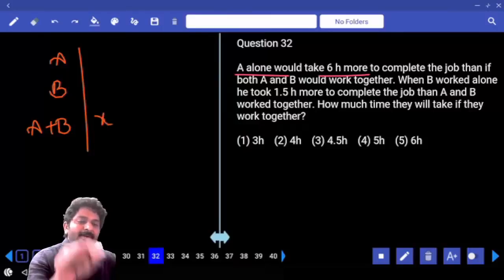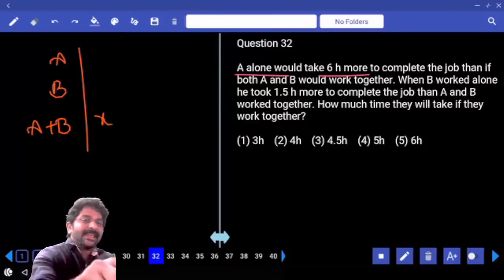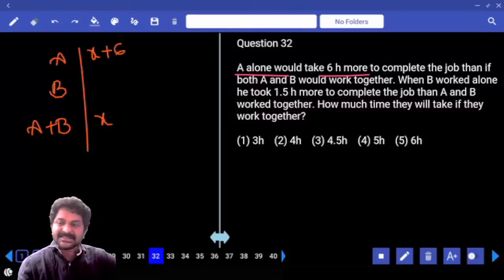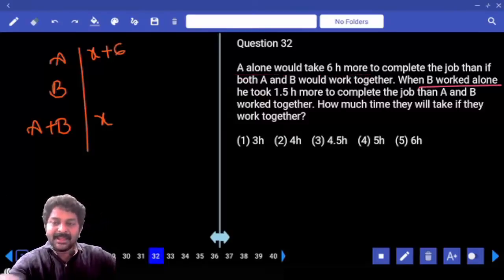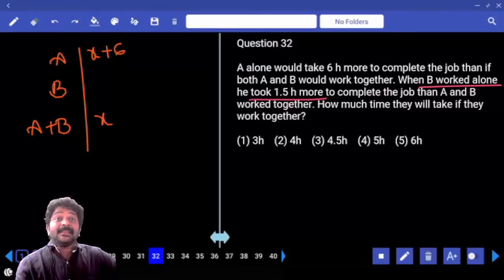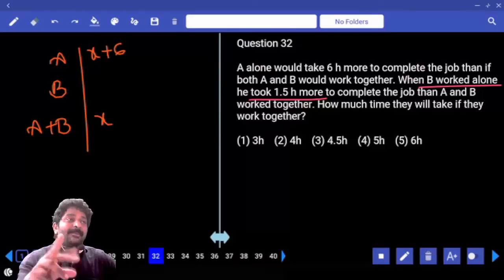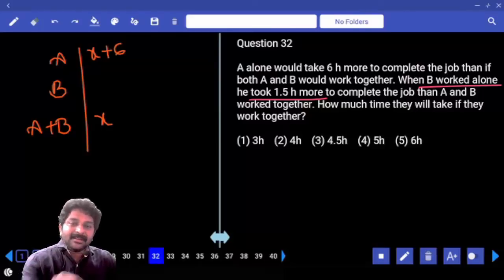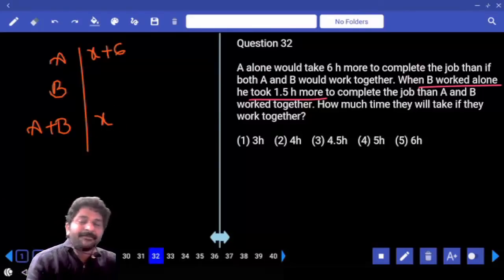So if AB both can complete the work in X hours, A alone can complete the work in X plus 6 hours. Next, B working alone takes 1.5 hours more than when both AB work together. Correct? That means X plus 1.5 only.